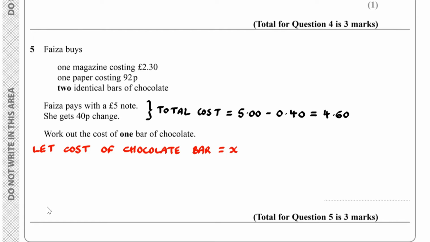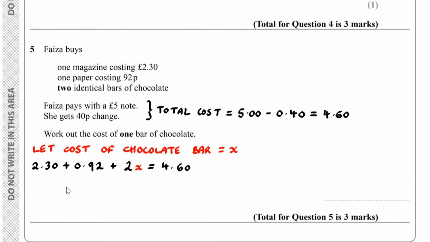Now, if we let x equal the cost of a chocolate bar, well, we've got our magazine costing £2.30, our paper costing 92p, plus 2 identical chocolate bars, so that's 2 times by x. The total of all this is £4.60.